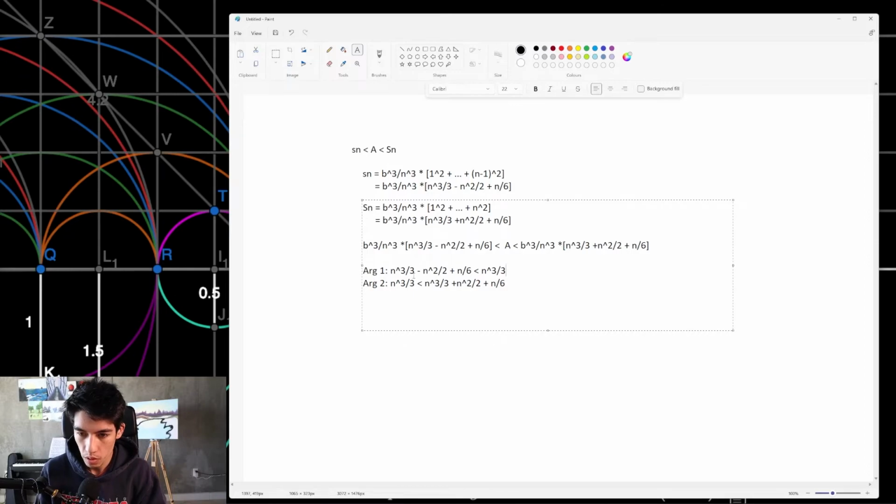And if these were true, then we would also be able to argue that the lower bound is smaller than n cubed over 3, which is smaller than the upper bound. I'm just concatenating these two.